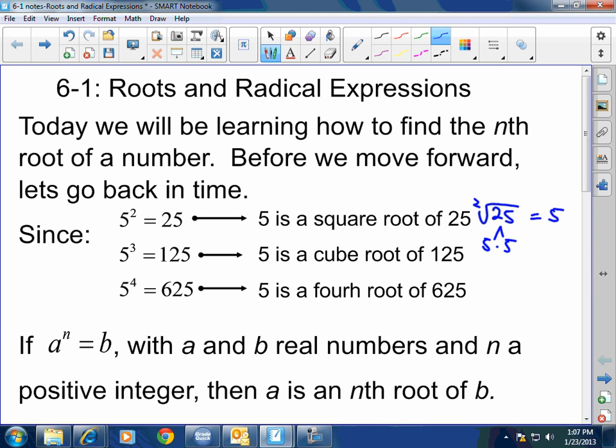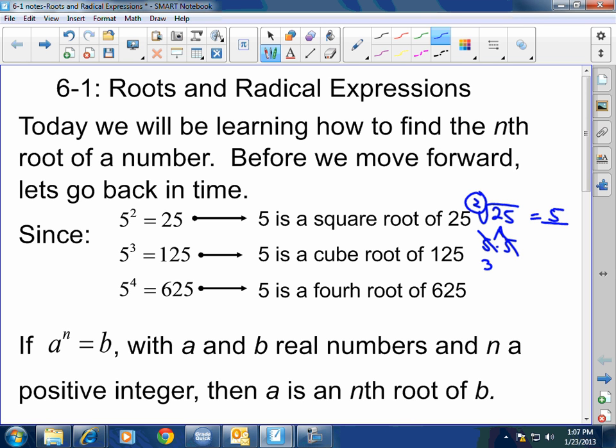This invisible number, which is called the index, and we'll get into that in a second, tells you the size of the set that you're looking for. In this particular case, since it's a square root, I'm looking for sets of 2. Every set of 2 comes out as one value. So I have 1, 2 5s, it comes out as 1 5.